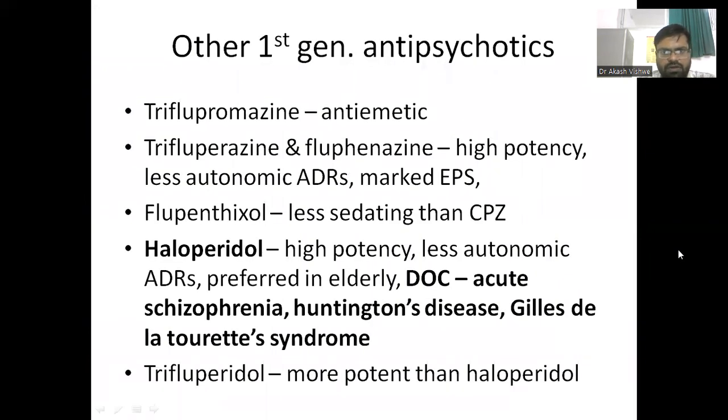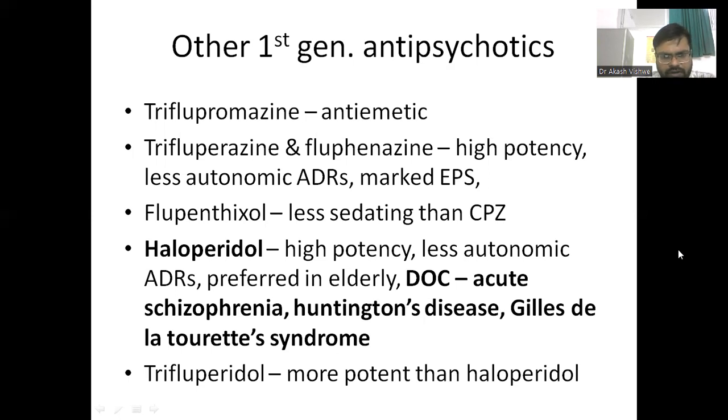Now we are going to properly talk about other first generation antipsychotics. So triflupromazine can be used as antiemetic, trifluoperazine and fluphenazine. They have high potency, less autonomic ADRs. They have marked EPS. While flupentixol is less sedating than CPZ.